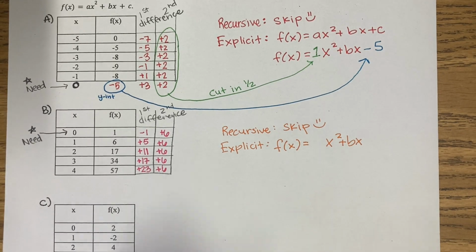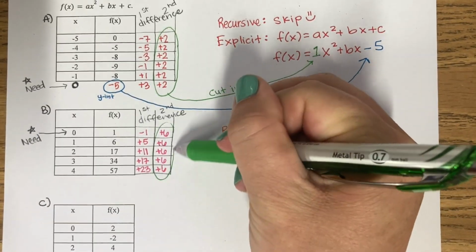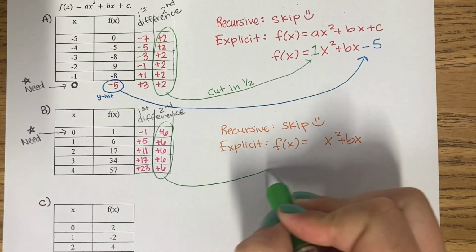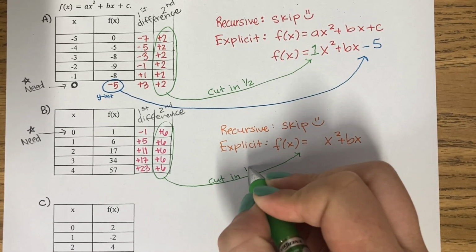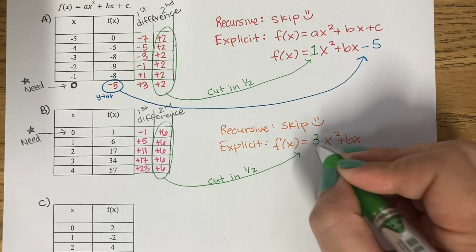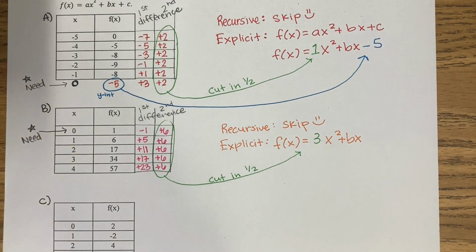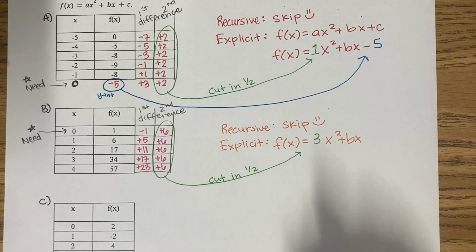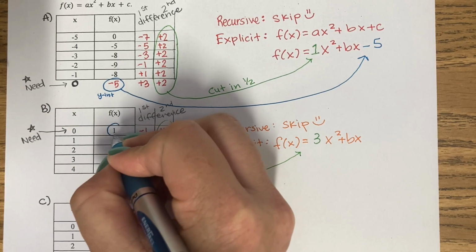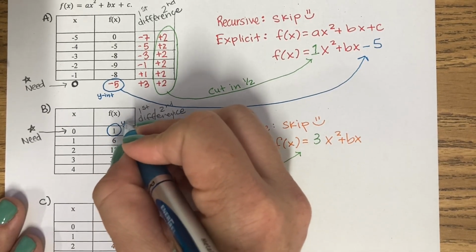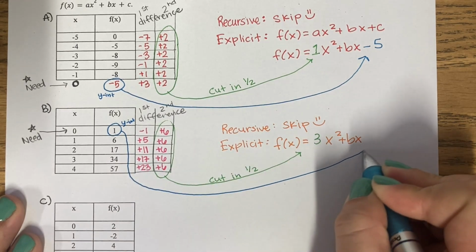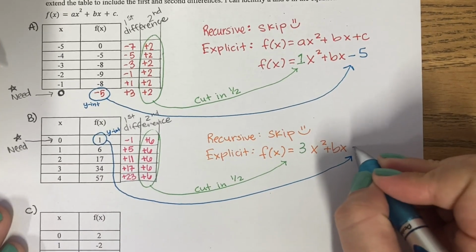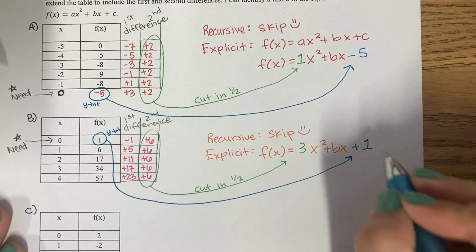We're going to grab the second difference, cut it in half, half of 6. Half of 6 is 3. And then we need our y-intercept at the end. So here's our y-intercept. This is going to be a long line. And it's a positive 1, so I'm going to put plus 1.